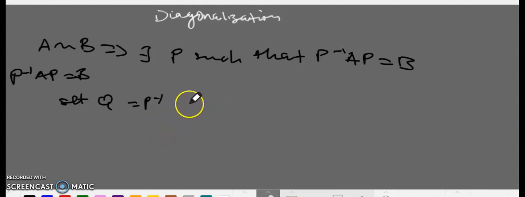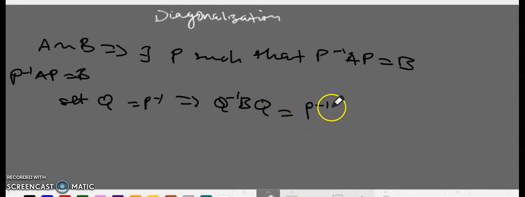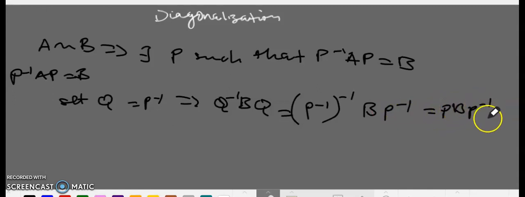So it means that we'll have Q inverse of BQ equal to P inverse of another inverse, and this is P of P inverse, which will give us PBP inverse. We are trying to prove that.